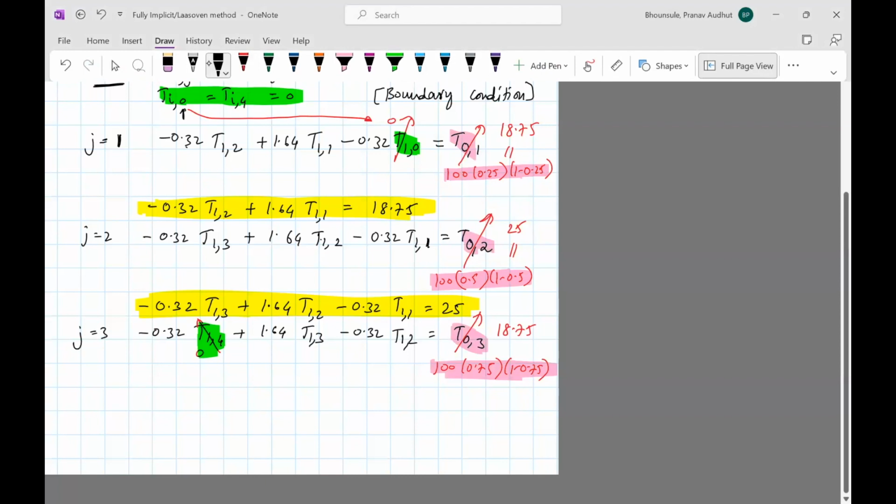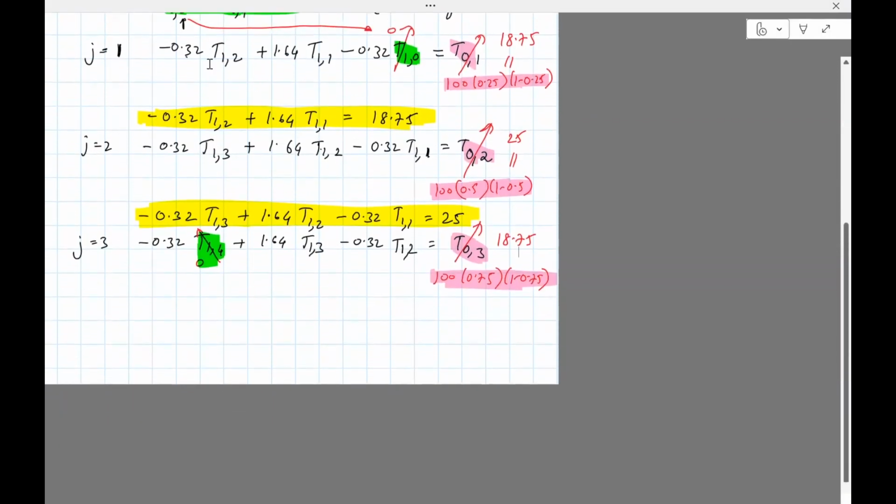Okay, so the final formula is 1.64 T1,3 minus 0.32 T1,2 equals 2.75.